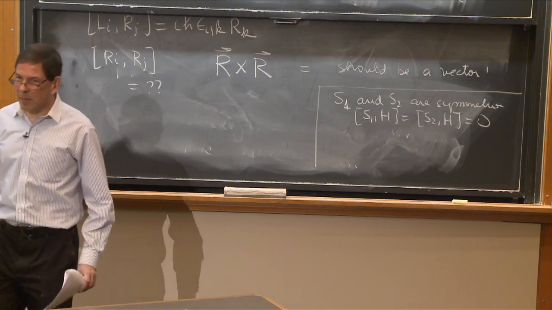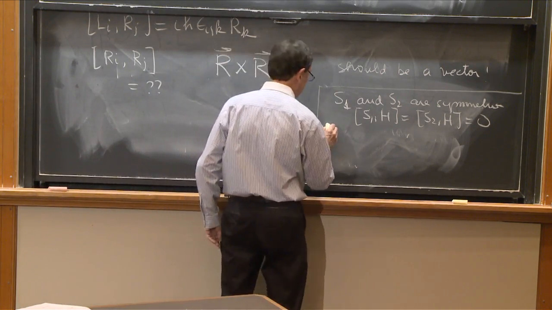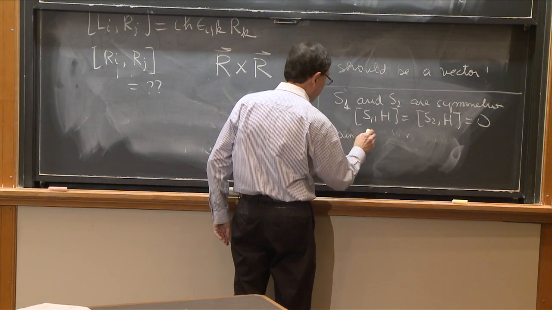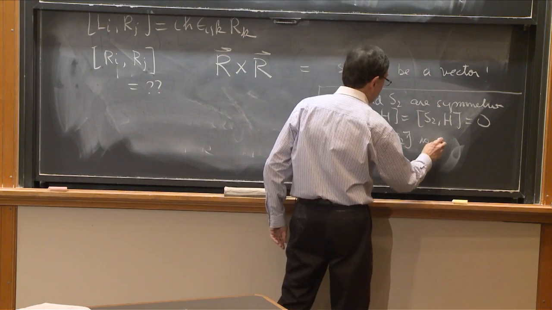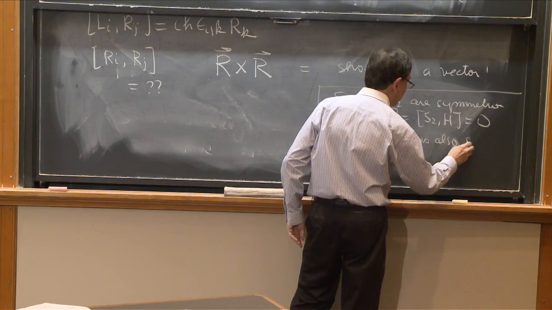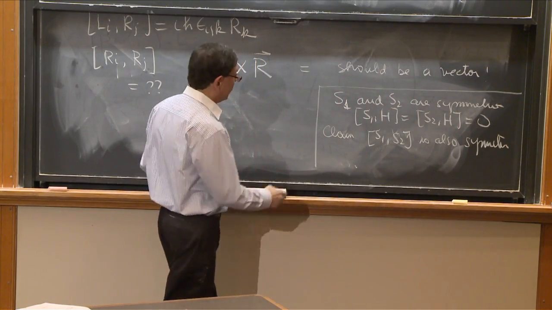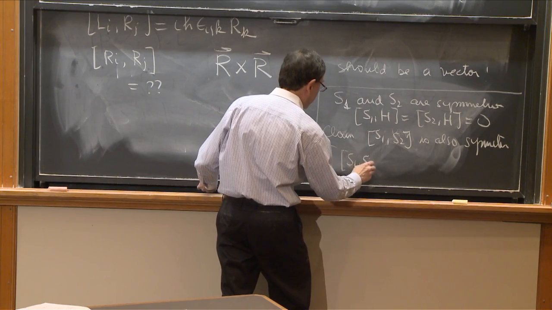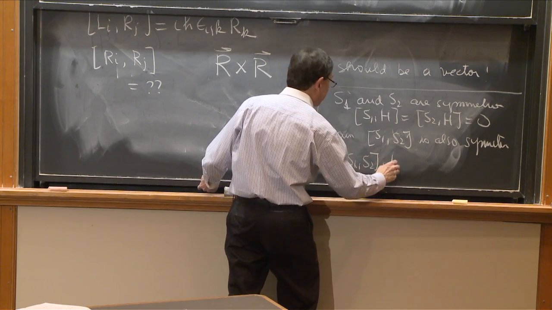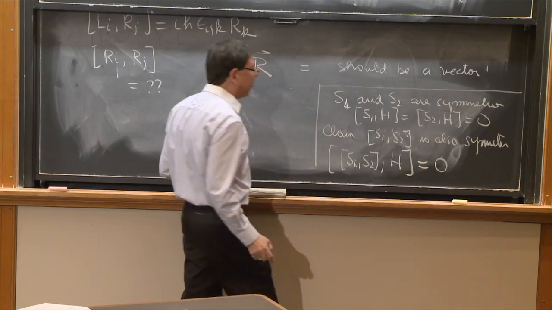Then the claim is that the commutator of S1 with S2 is also a symmetry. The reason is that the commutator of S1, S2, commutator with H is equal to 0.